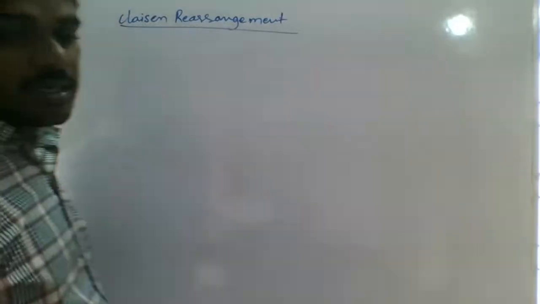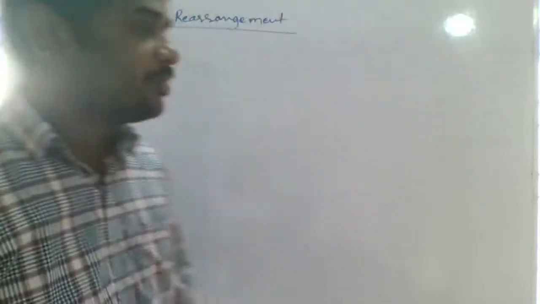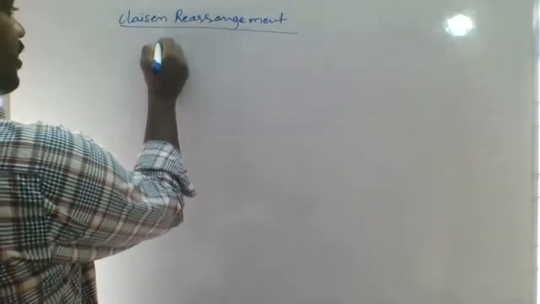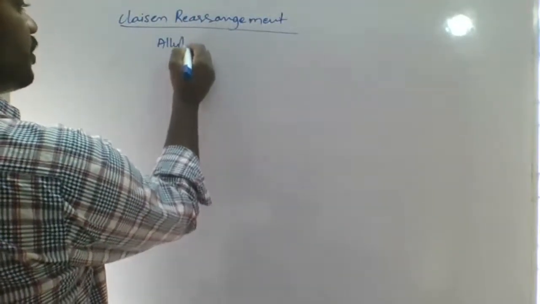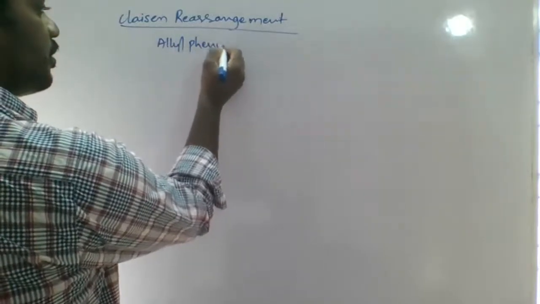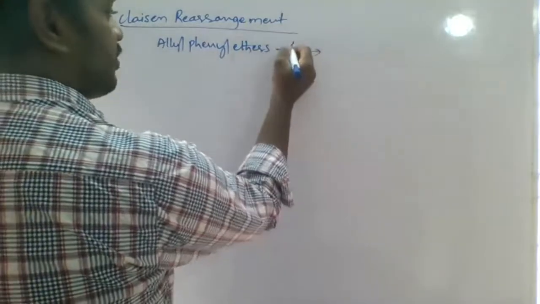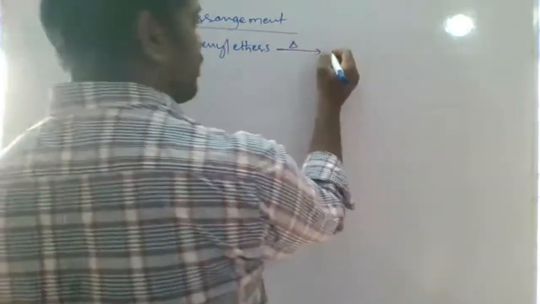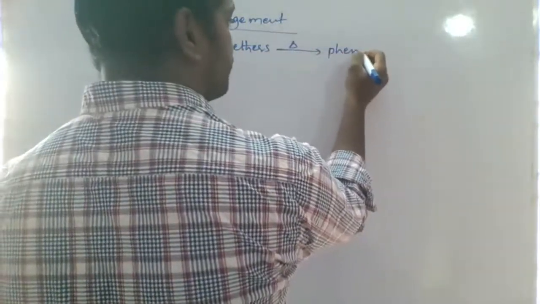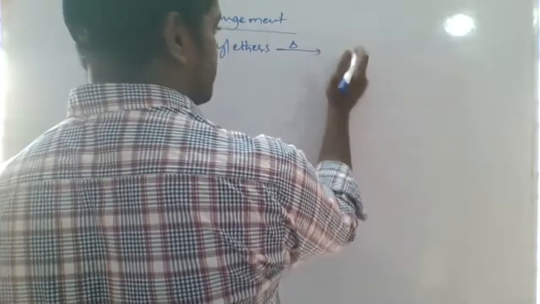In this chemical trapping, one is the Claisen rearrangement. In the Claisen rearrangement, mainly allyl phenyl ethers, in the presence of heating, convert to allyl substituted phenols.